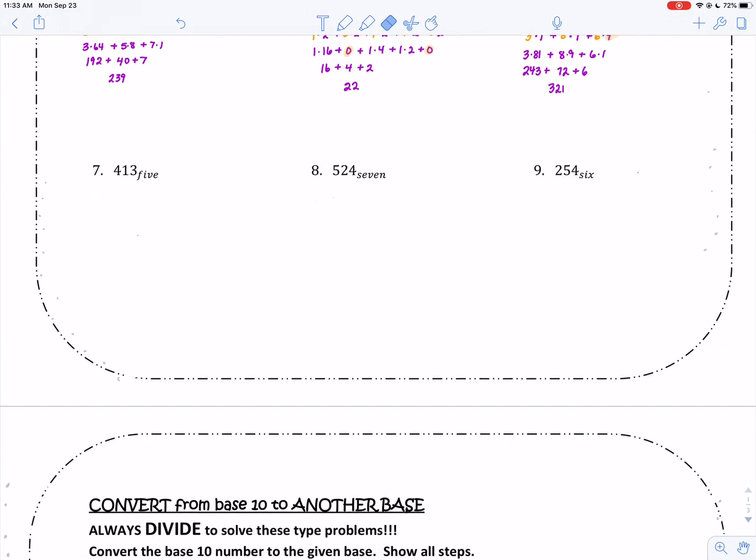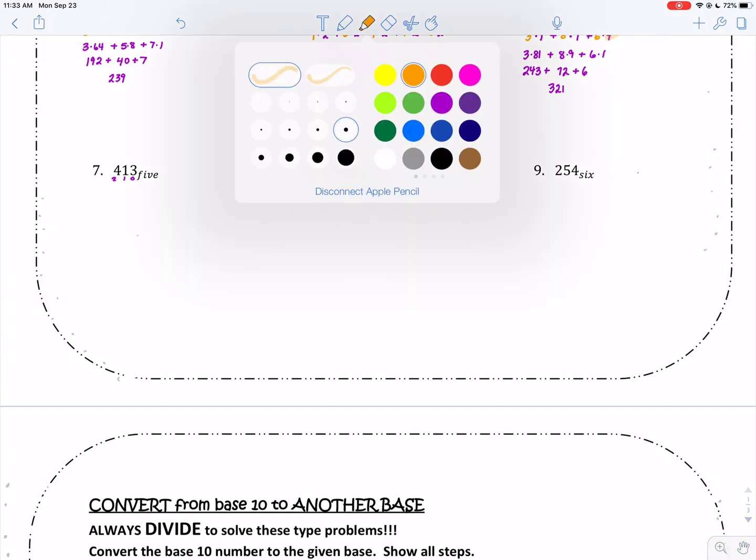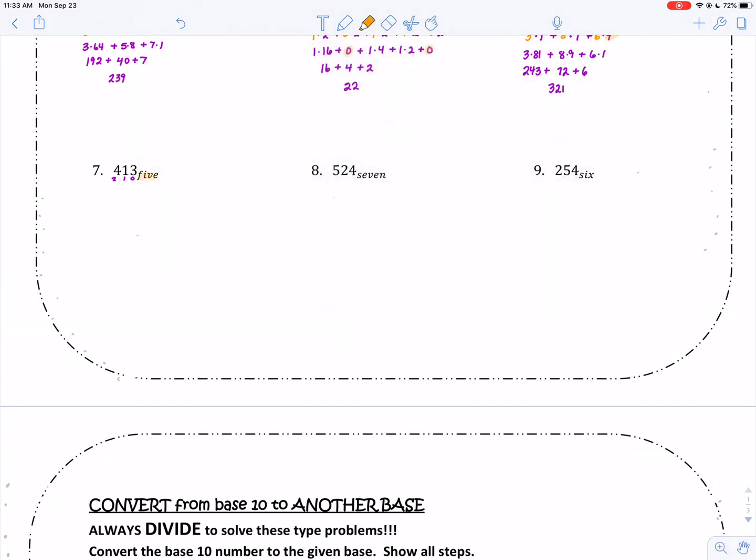If not, let's go to number 7. We are going to have 5 to all the way up to 5 to the second power. Always remember that the last one, 5 to the 0, is 1. Keep multiplying and simplifying until you get 108. Number 8 is base 7, and we'll go up to 7 squared.